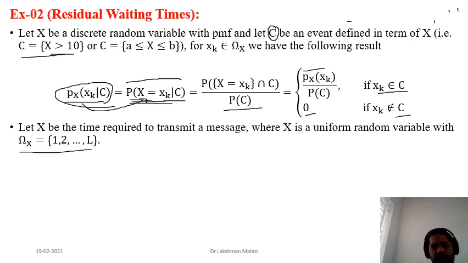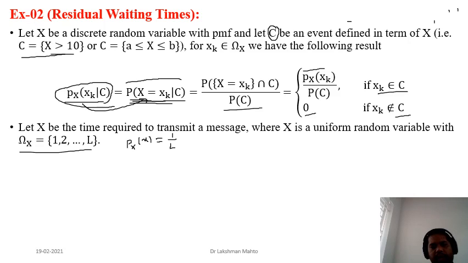So what is the probability mass function of a uniform distribution? It will take the same probability for each value of x in the range of the random variable. It would be 1 by L. How many numbers do you observe? L numbers.